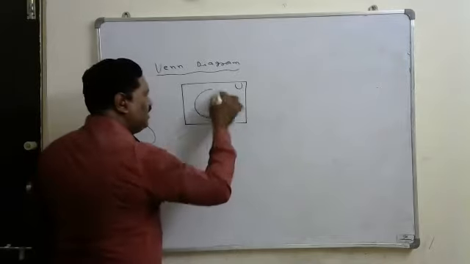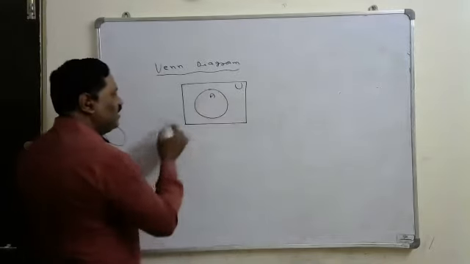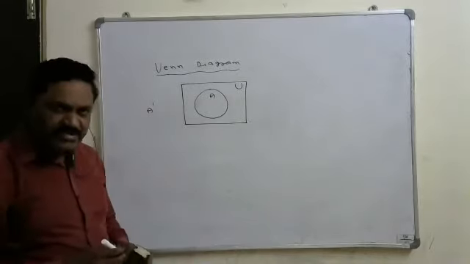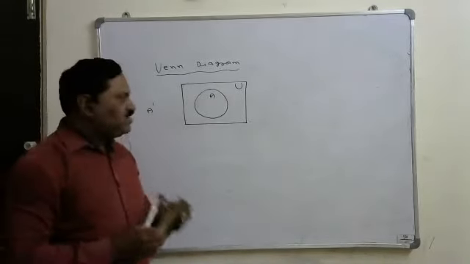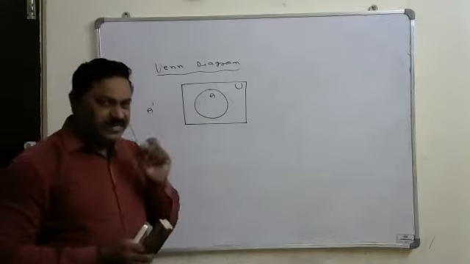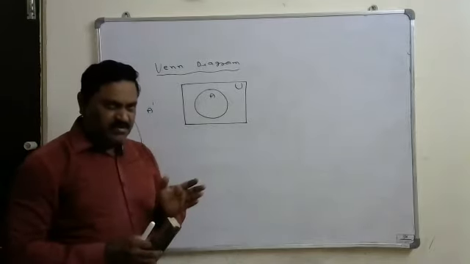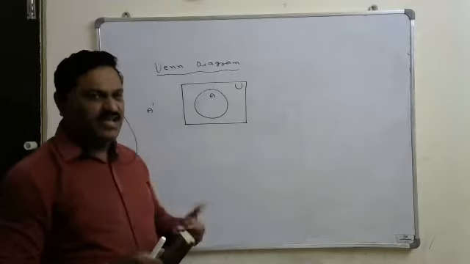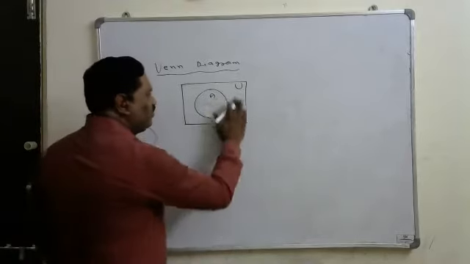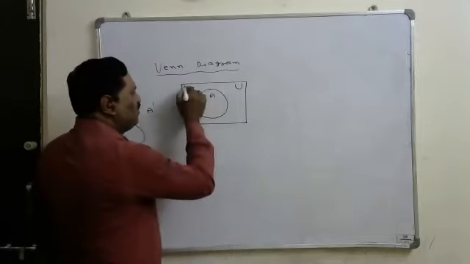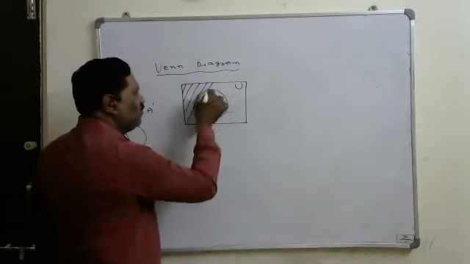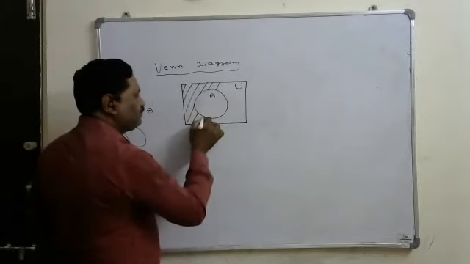In that, if there is a set A, suppose this is A, then A complement, that is represented by A dash or A power C, is the area or set of elements which are available in the universal set but not in A. Means the area which is available in the universal set only but not in the set A.